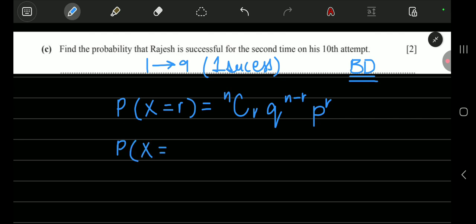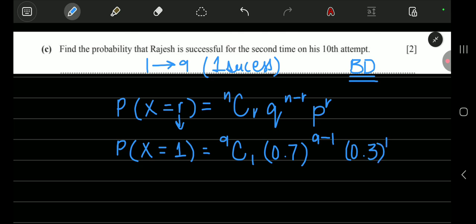So x equals r. What is r in this case? R is the desired number of successes, so we need one success out of 9. So 9C1 times 0.7 to the power 9 minus 1 and 0.3 to the power 1. So when we solve this all together, we get the successes out of 9.